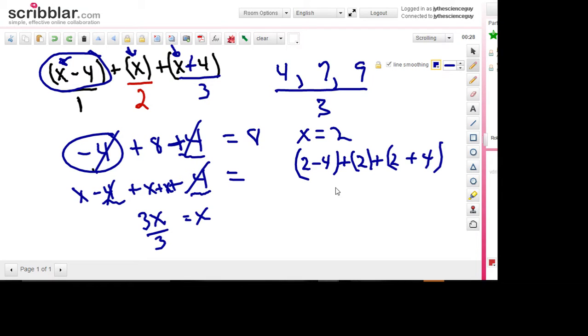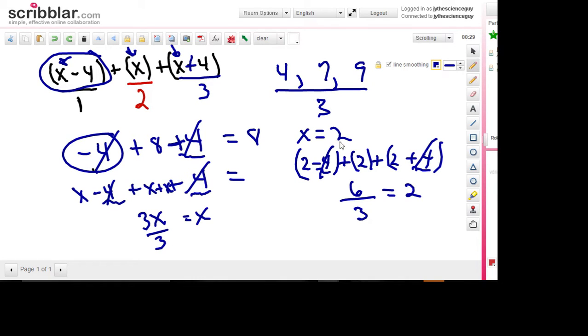Yes. Okay. So now I'm just going to do the math. So this 4 and that 4 do what to one another? Cancel. When I add the 2's up, what do I get? 6. How many numbers did I have in the first place? 3. So what's 6 divided by 3? 2.